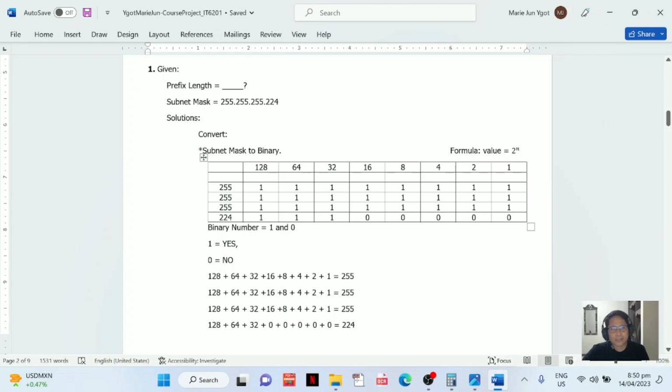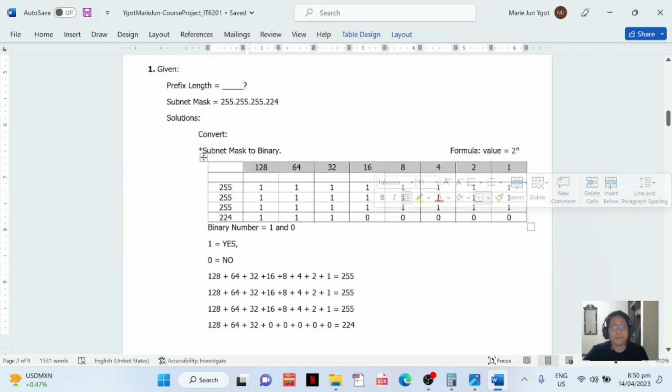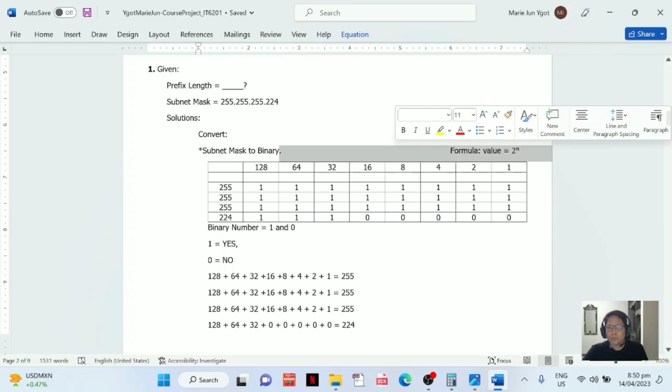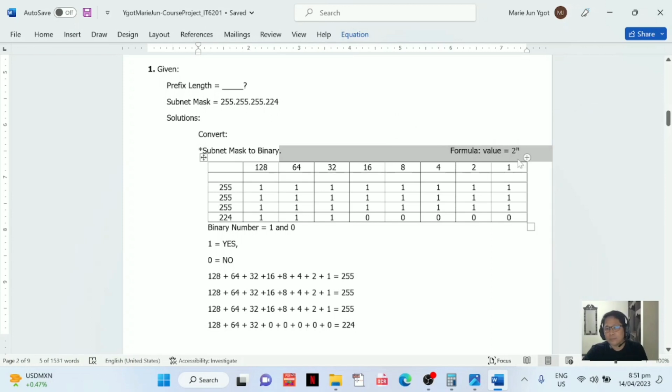So using these values here, this row here. How did we get this one? We get this by the formula 2 to the power of n.